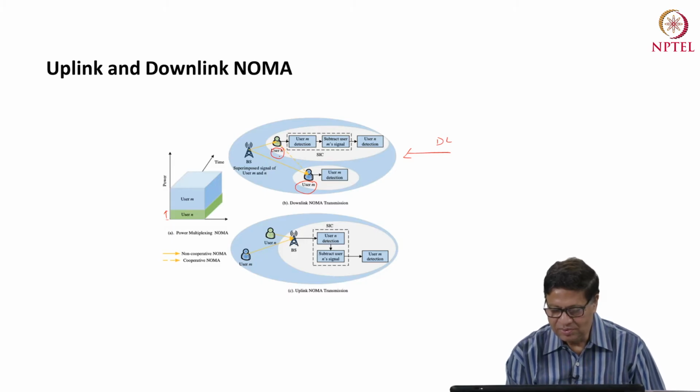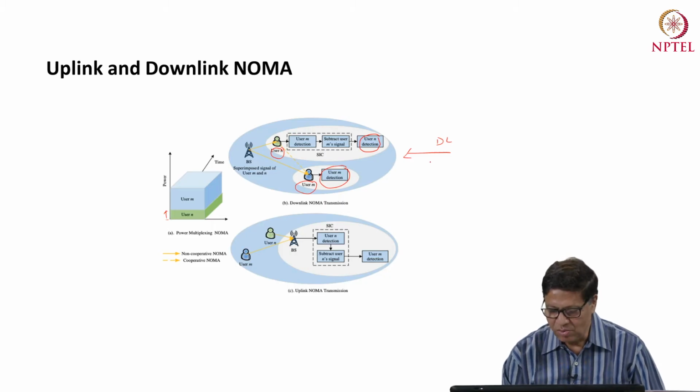So you do the SIC operation, successive interference cancellation, at user N. First you detect user M, which is high power, and then subtract this user from the rest of the signal. You will get the signal of user N. So this is how user N is detected, and this is user M. The SIC operation is performed at the user level.